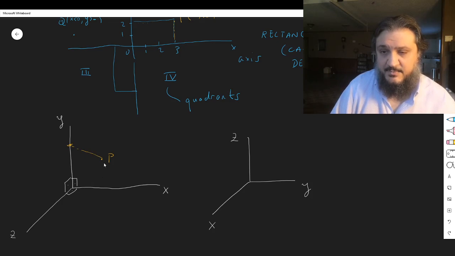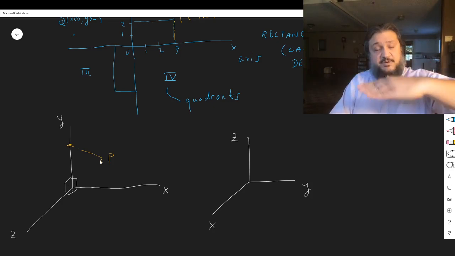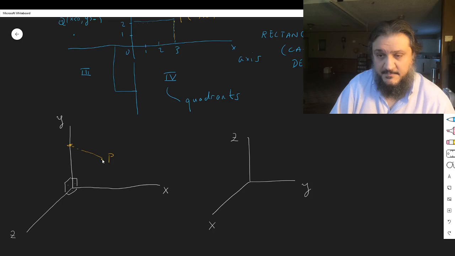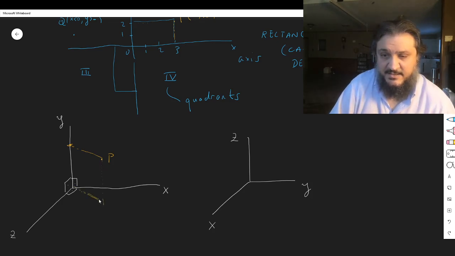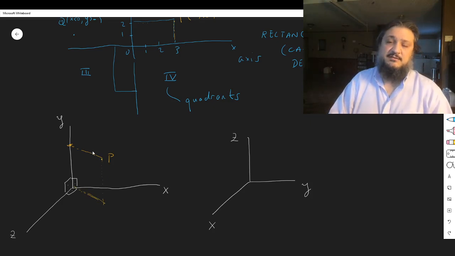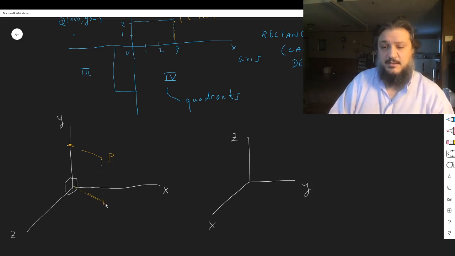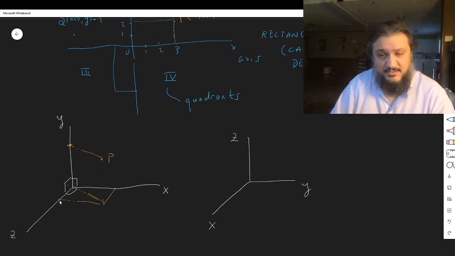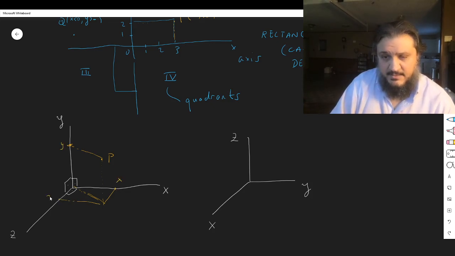So this will be a number here, and then you can consider this line here, which is in a surface which is parallel to the xz surface. So you can find where that is over there. This line here is parallel to that line, but this point now is on the xz plane, and it will have a projection onto the x-axis and onto the z-axis. You're still talking about rectangle. It's still a rectangular coordinate system. This is how you find your x, y, and z.